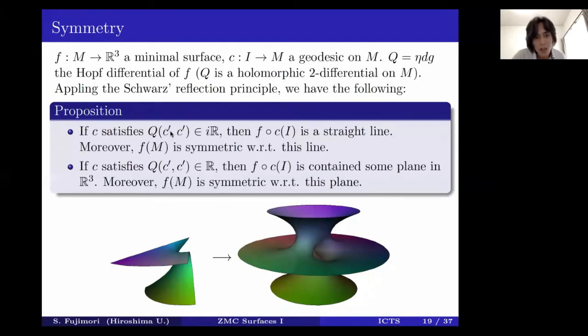So we put in the velocity of C. Then if this is purely imaginary, then the composition of C and F is a straight line. So the image of the geodesic in R3 is a straight line. And moreover, F(M) is symmetric with respect to this line. This means that if we rotate the surface 180 degrees with respect to this straight line, then the surface is unchanged.